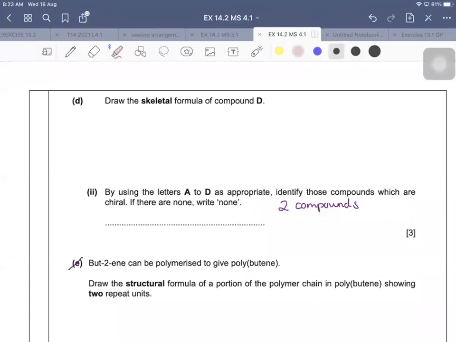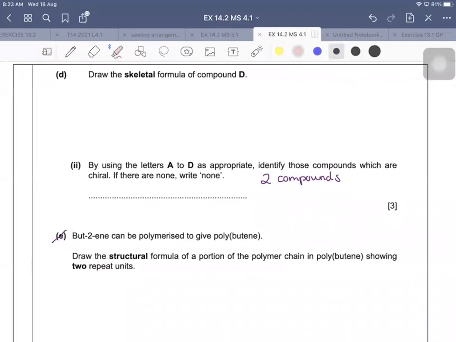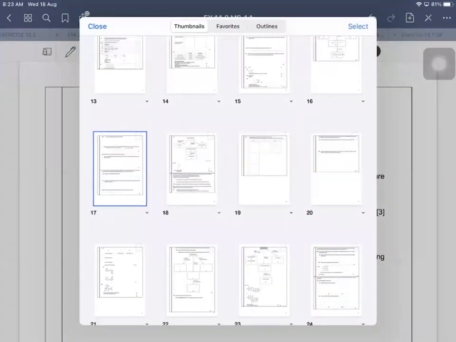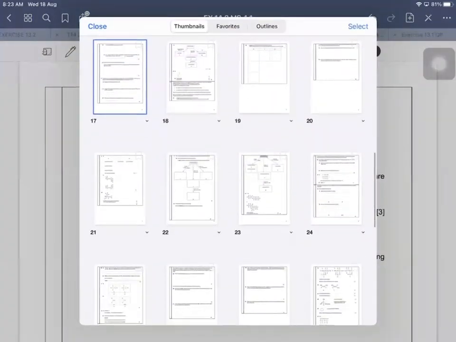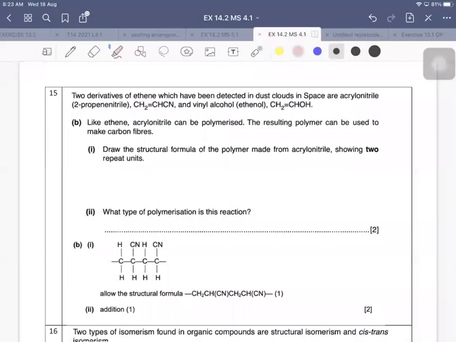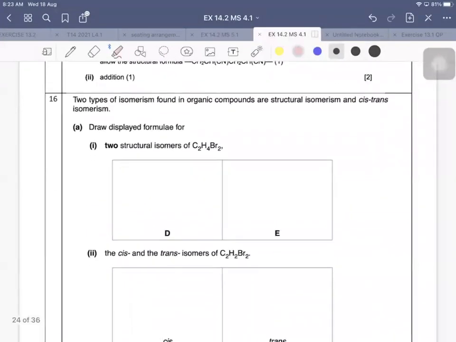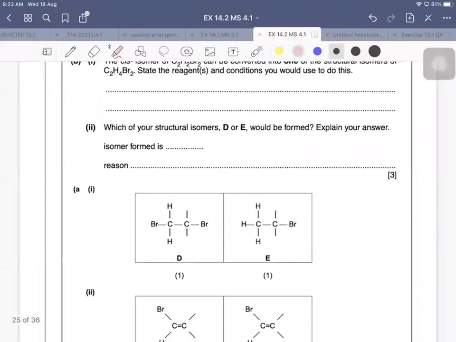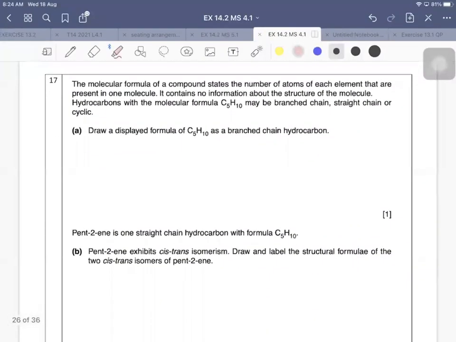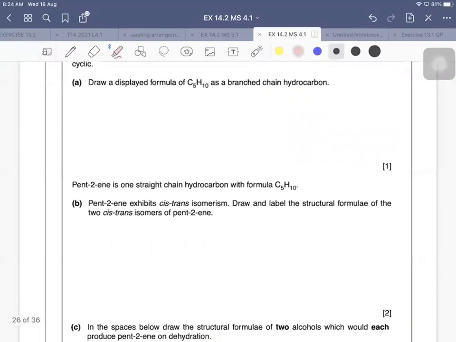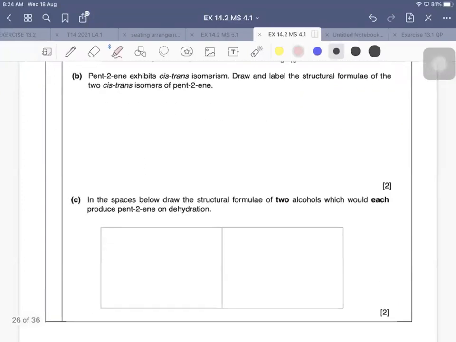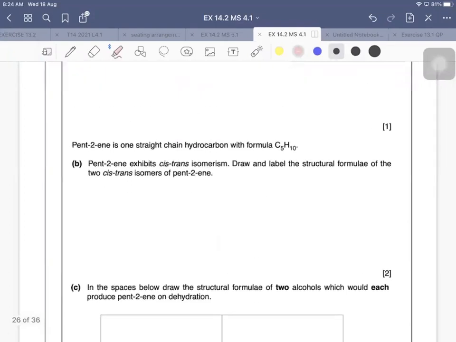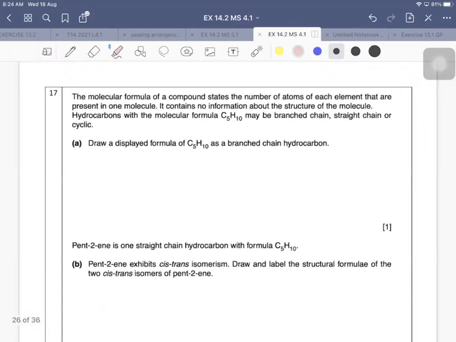The next question that I want to look at is question, I don't remember the question number. Okay, question 17.